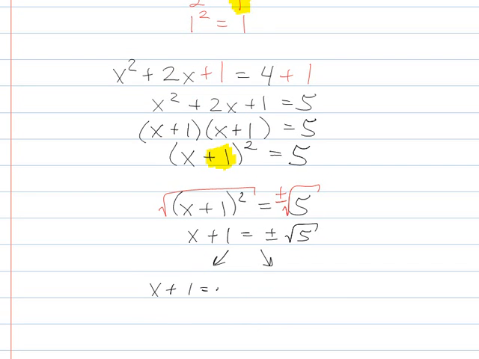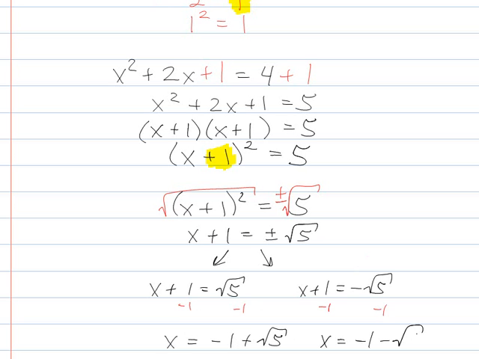I have this equals plus root 5, or this equals minus root 5. Subtract 1, and that is one solution, and that is another solution. Okay? Easier said than done, I suppose, but that's why we're going to do a bunch of them, or at least a couple more. Okay?